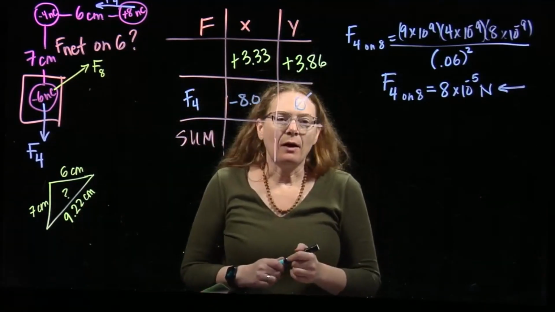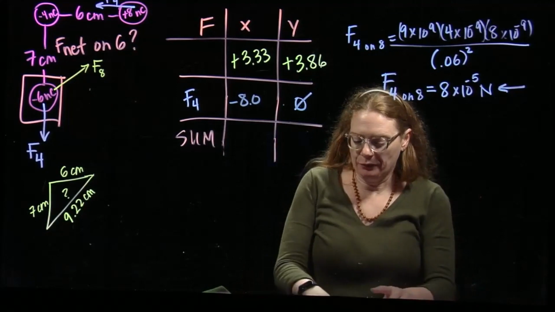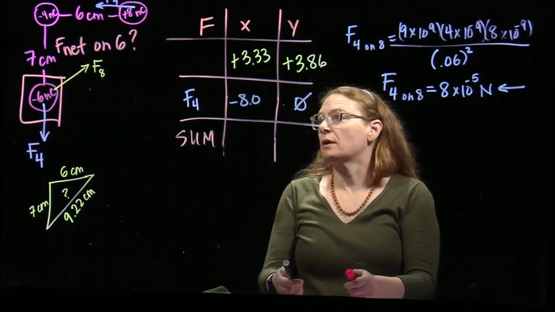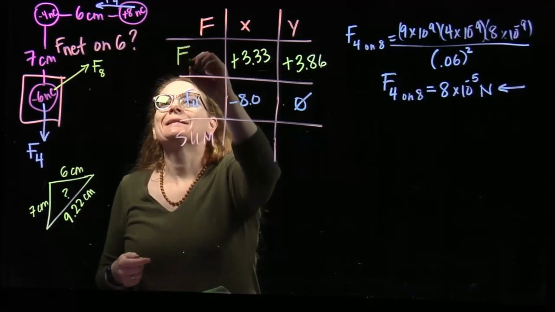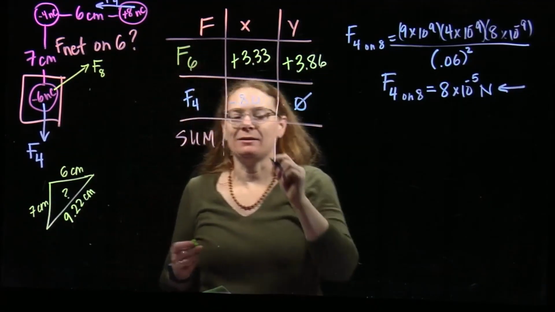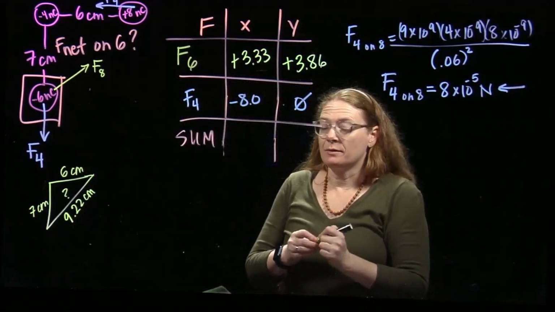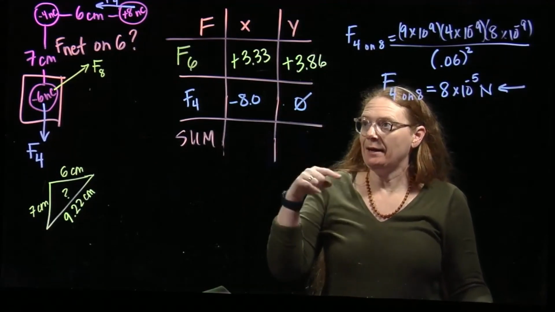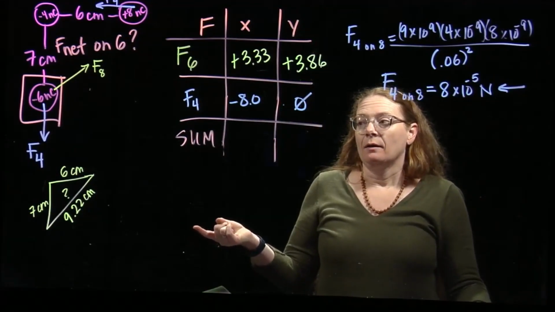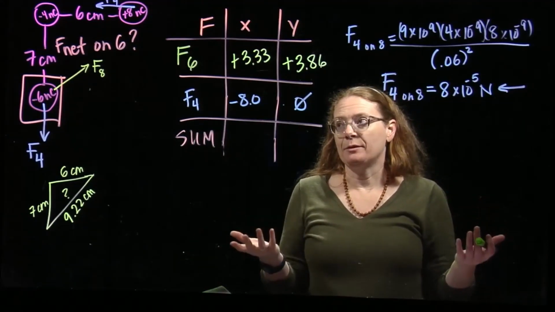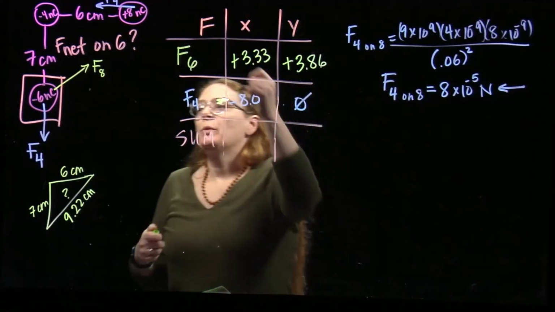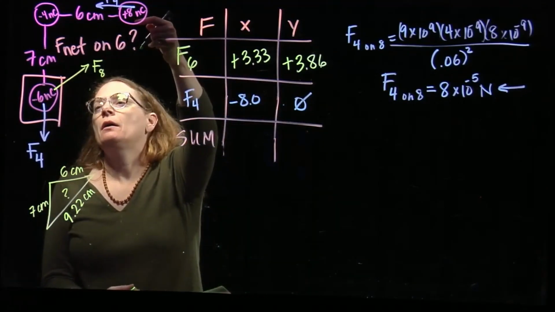Now, I'm not going to do all the work of figuring out the force of the 6 acting on the 8, because in the last problem I solved for the force of the 8 on the 6. Newton's third law says 8 on 6 and 6 on 8 are equal and opposite. So the 6, what's it doing to me?